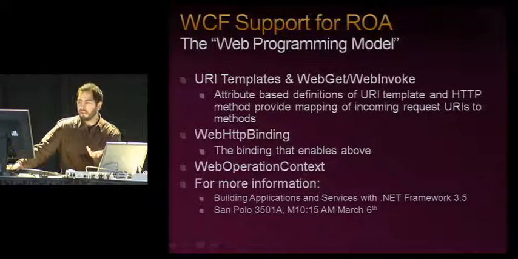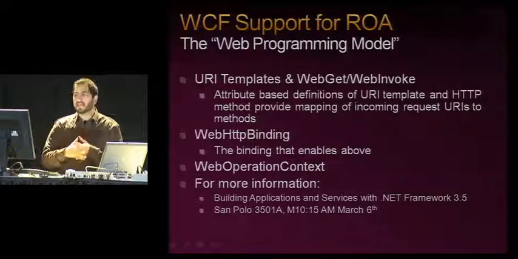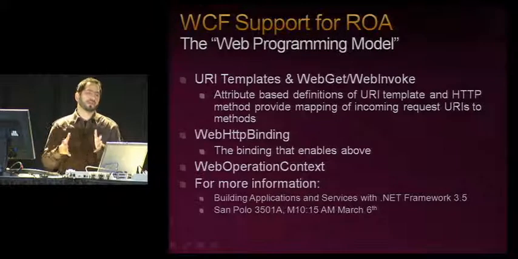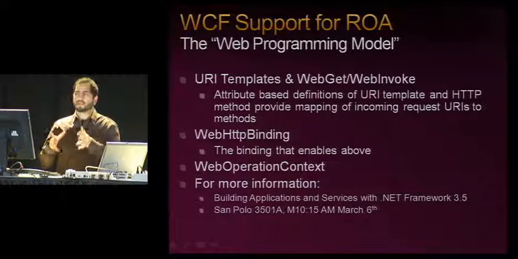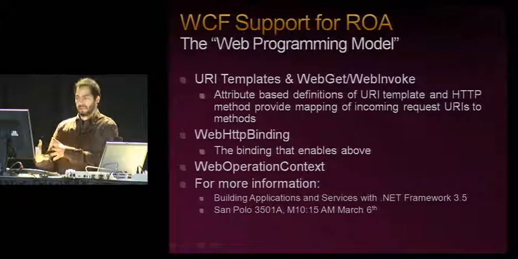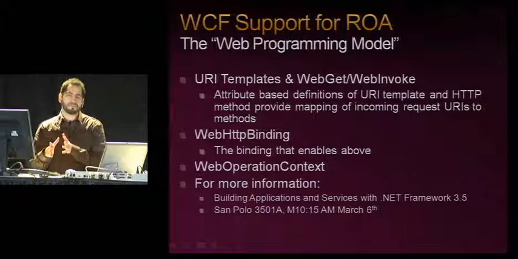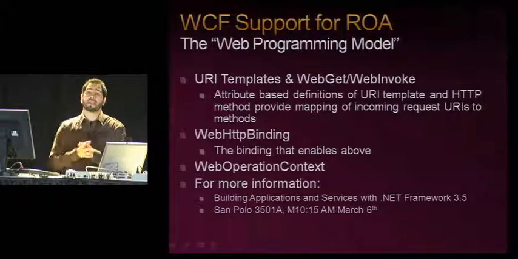Key to it are these things that I have on the slide. The first and most important thing I should say before, a WCF class is just a normal C# class. When you put certain attributes on it, it becomes a service. It's really easy to transform a normal class that we're used to into a service. And I'll show you some of the small little attributes that you add. One of those attributes is a webGet attribute.